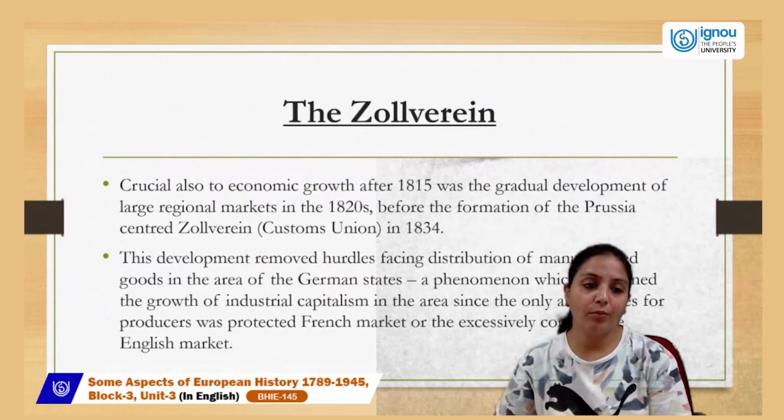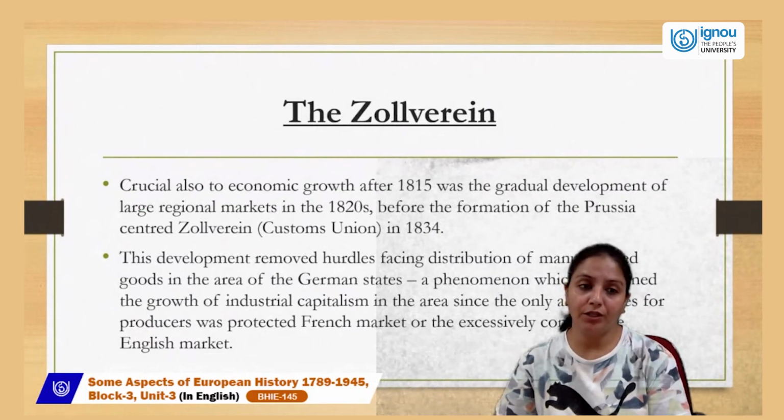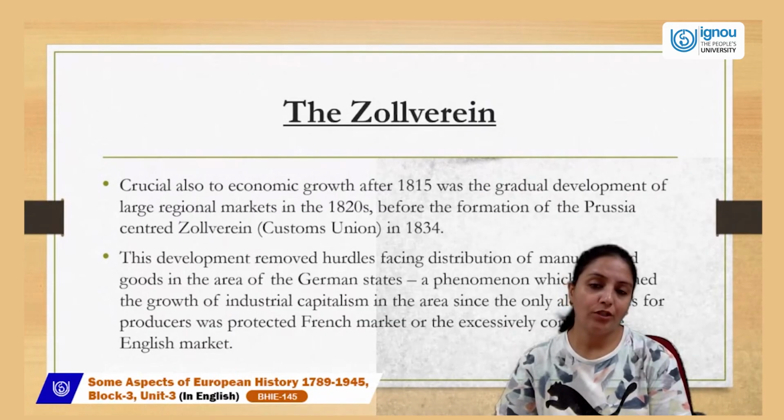Russia. We are talking about Russia over here, and the Zollverein is a customs unit in Russia. No, we are talking about Germany. Prussia was the old name of Germany at that time.